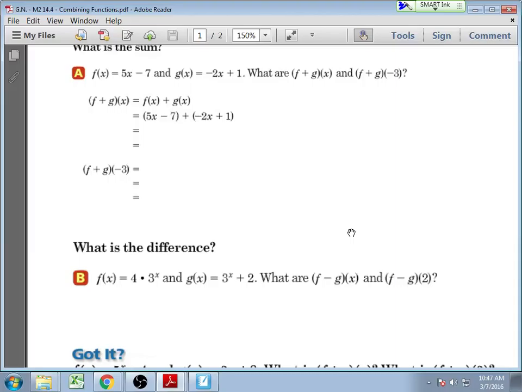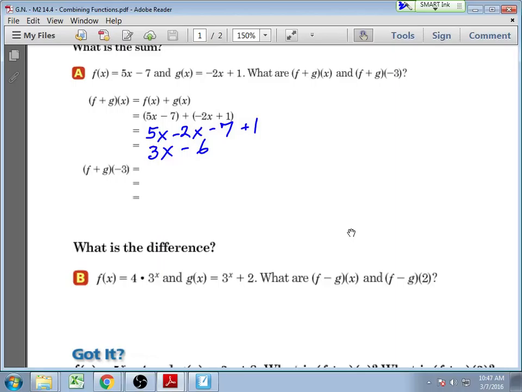So 5x and negative 2x, I can rewrite this in the right order so we can see them. That's going to give me just 3x. And then I have a negative 7 and a positive 1, which gives me negative 6. So you should have seen that f plus g of x is 3x minus 6.